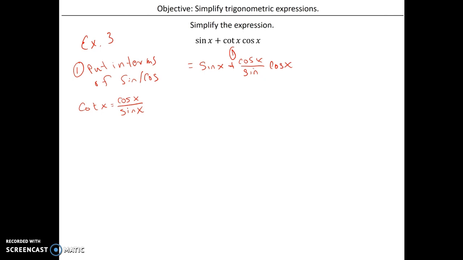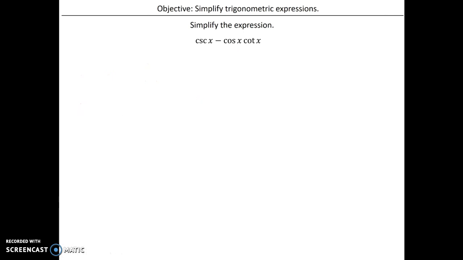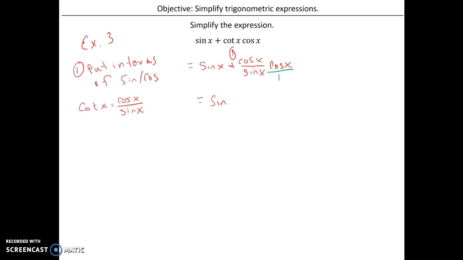Now I have sine of x plus cosine of x divided by sine of x times cosine of x. To make it clear, you don't have to do this, but I'm going to put a denominator of 1 there and multiply. So I have sine of x plus cosine squared x divided by sine of x.